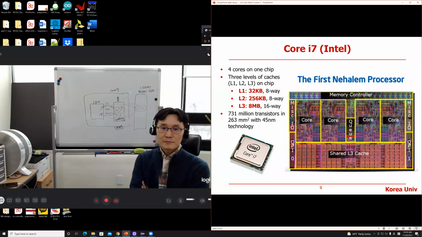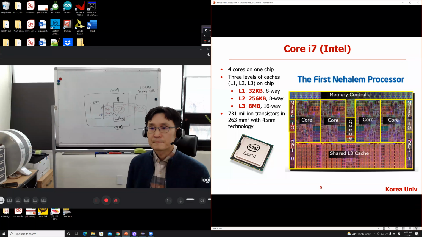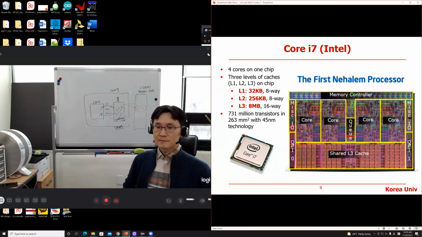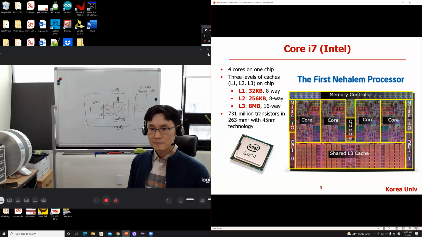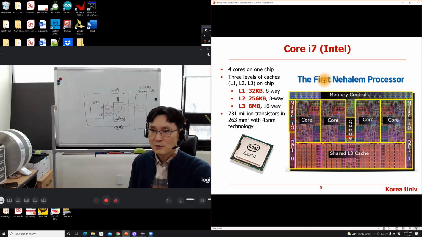L1 32 kilobyte 8-way, L2 256 kilobyte 8-way, L3 8 megabyte 16-way. 731 million transistors in 263 square millimeters with 45 nanometer technology. Okay, thanks. This is the first generation of Core i7, rolled out around 2009 or 2010.